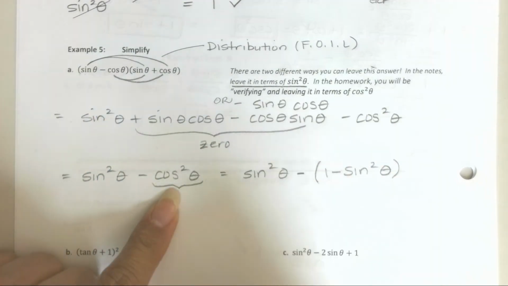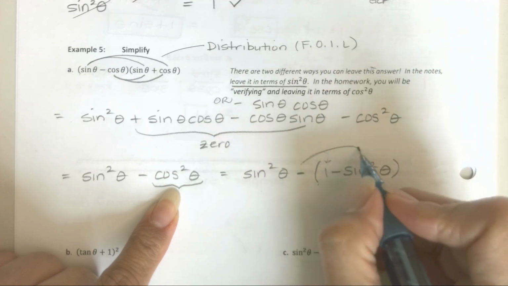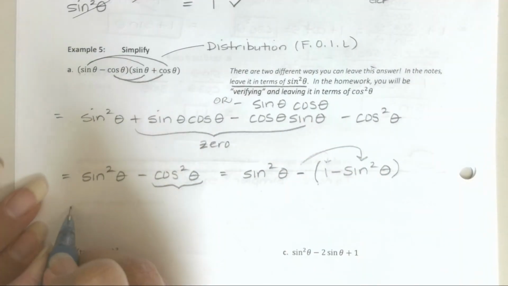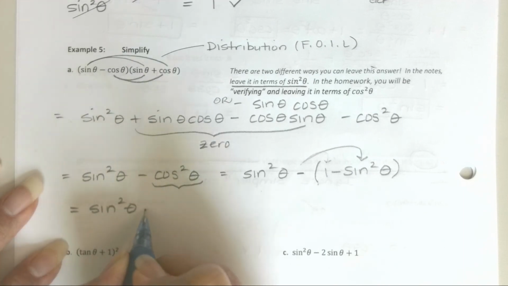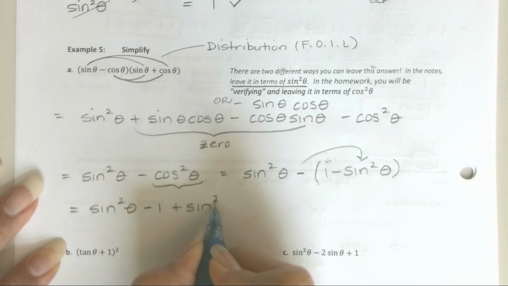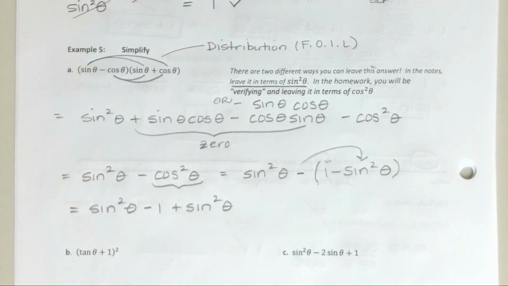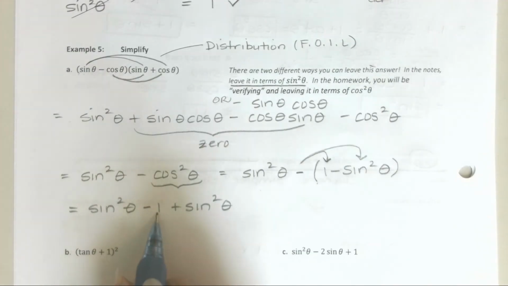So I need to get rid of those parentheses one more time. Again, you are going to distribute this negative, and you get sine squared theta, a minus 1, and a plus sine squared theta. I distribute negative times 1 is a negative 1.